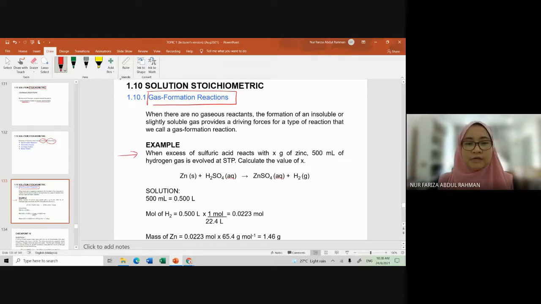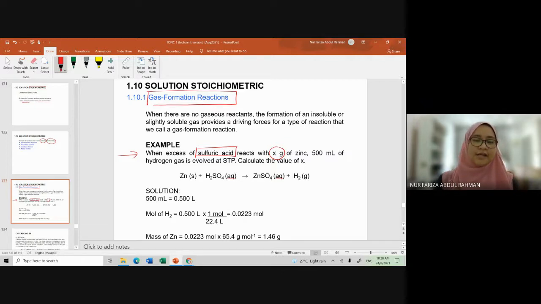When excess sulfuric acid reacts with X gram of zinc, ataupun unknown mass of zinc, 500 ml of hydrogen gas is evolved at STP, at standard temperature and pressure. Calculate the value of X. As you can see, we have sulfuric acid there. Sulfuric acid is in solution state, kan?